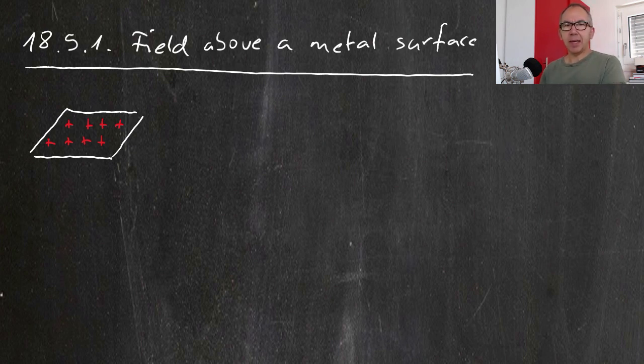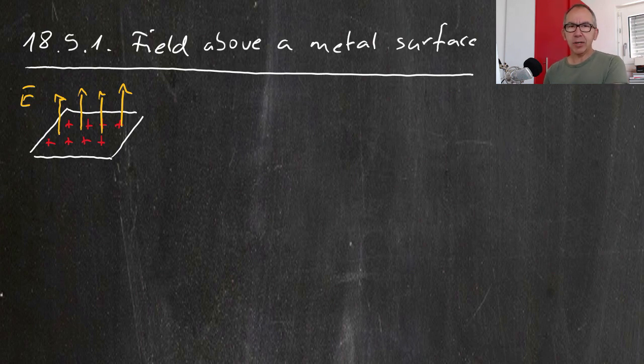So we will have electric field pointing away from these positive charges. The electric field will look something like that. So it is the charges that are causing this electric field.